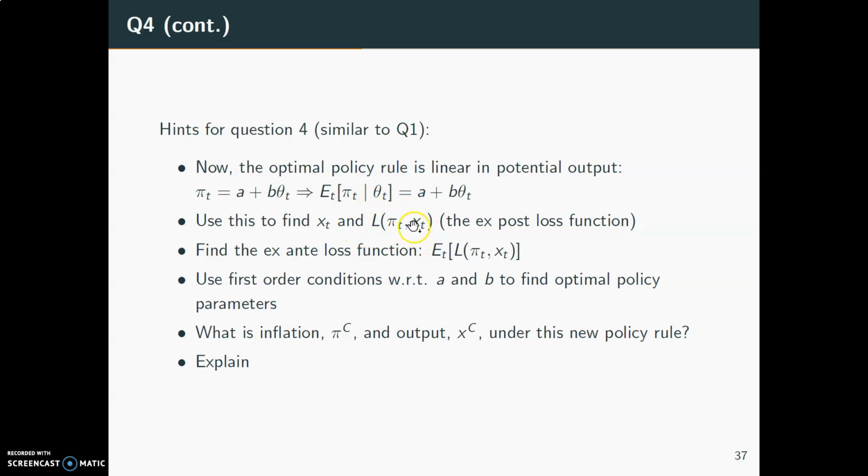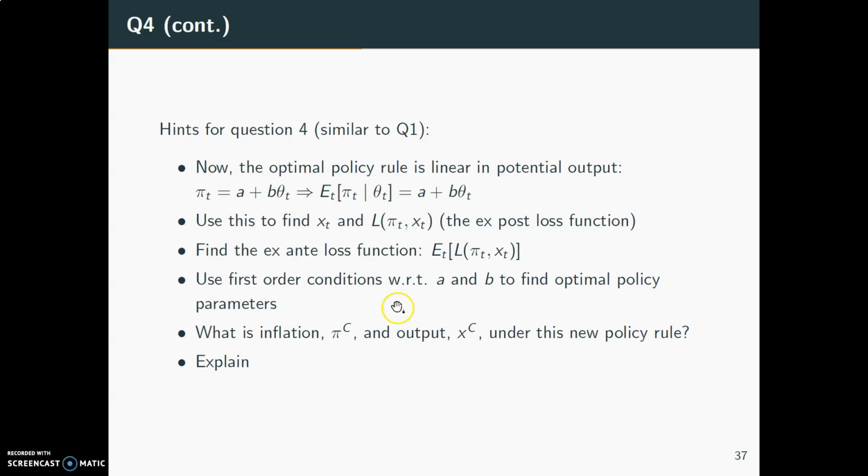Then based on the ex post loss function, find the ex ante loss function, so it's just the expectation of the loss. And then use first order conditions with respect to the parameters a and b to find optimal policy parameters. So what are the optimal a and b here for this candidate?